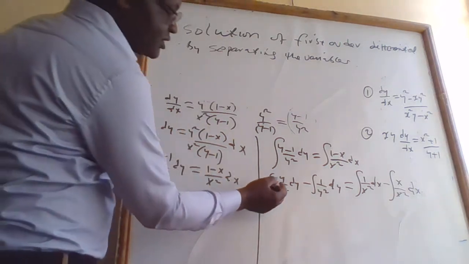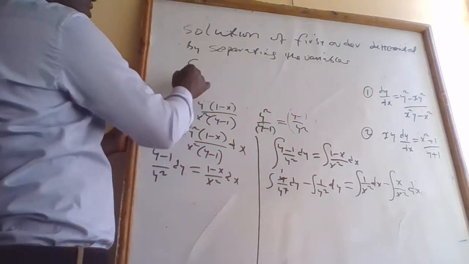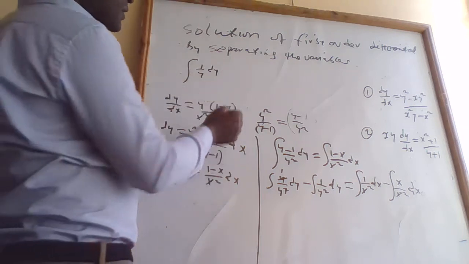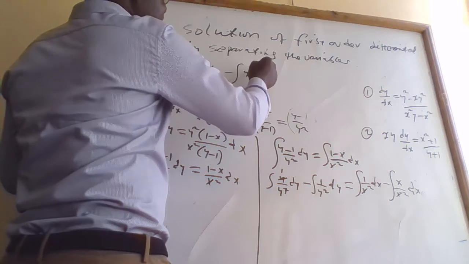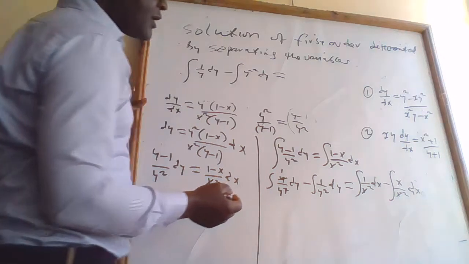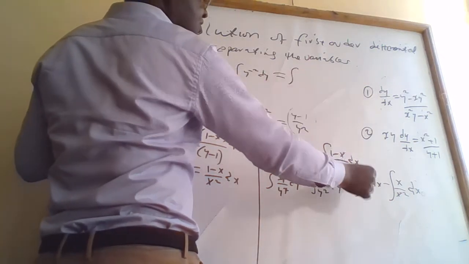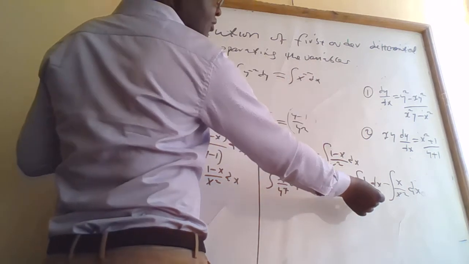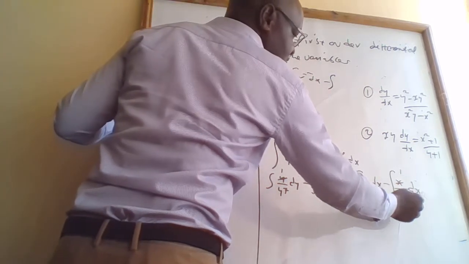This y goes with one factor of y, so that we remain with the integral of 1 over y dy, minus the integral of y raised to negative 2 dy, equals the integral of x raised to negative 2 dx, and of course minus the integral of 1 over x dx, since one factor of x goes with one factor there.